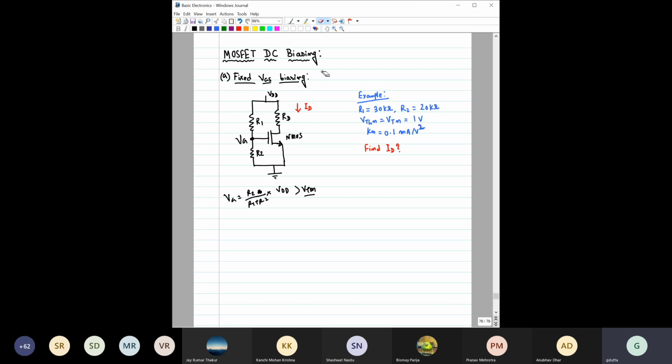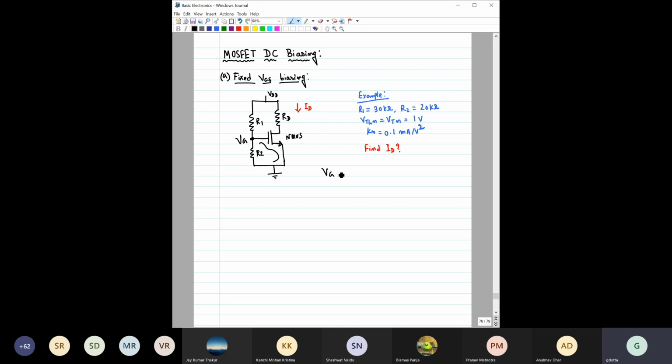But before that, let me ask you a couple of things. See here, if you consider this VG and write a loop node equation here, this is quite an easy node equation.